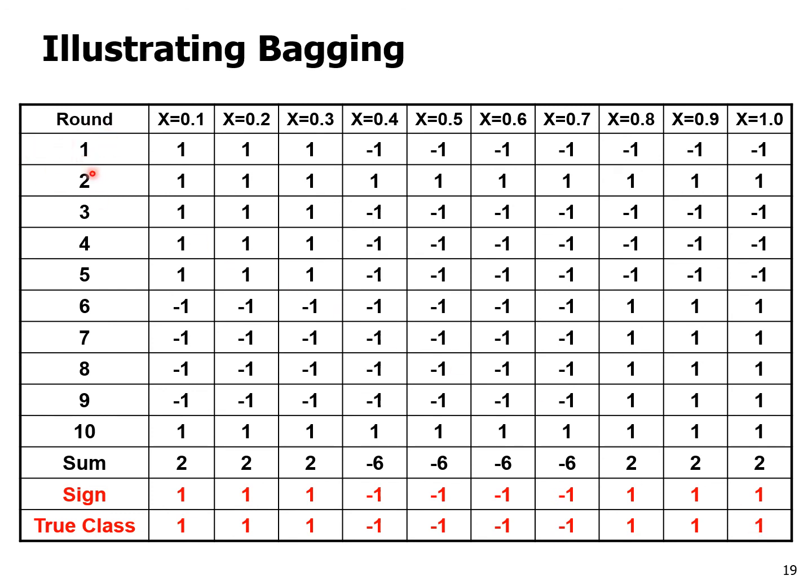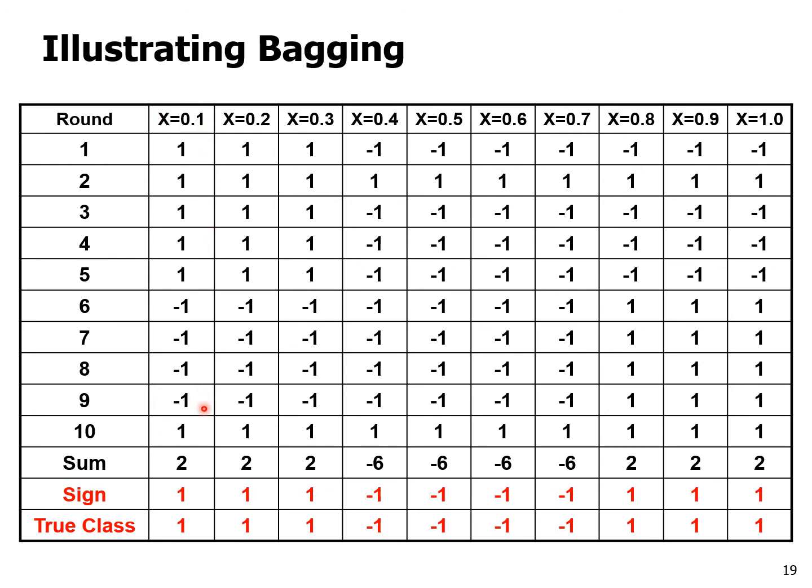In round 1, this is the prediction from the decision stump of round 1, and this is the prediction from the decision stump of round 2. Again, this is the prediction from decision stump 3, decision stump 4, etc. So we have 10 different classifiers.